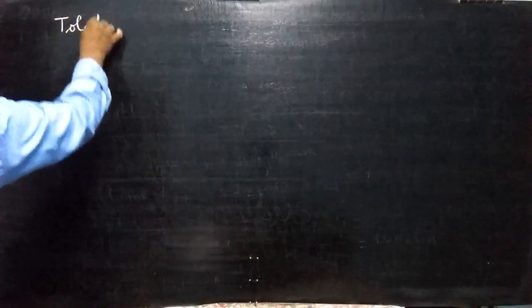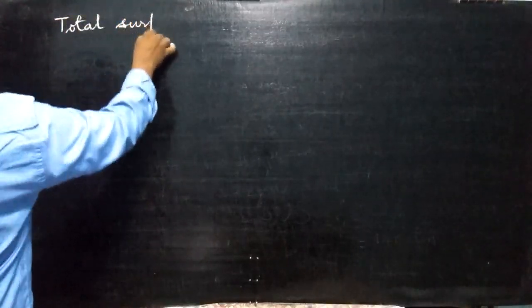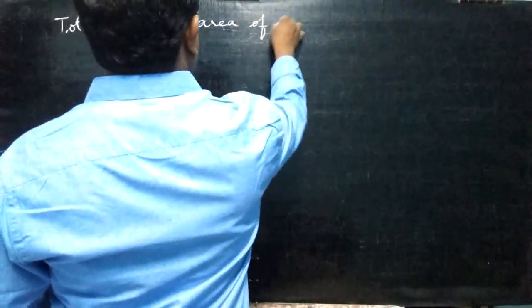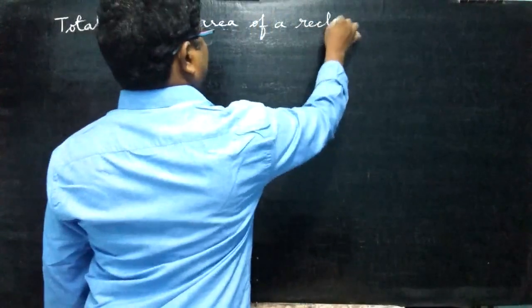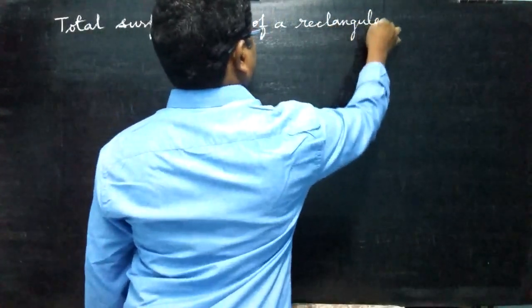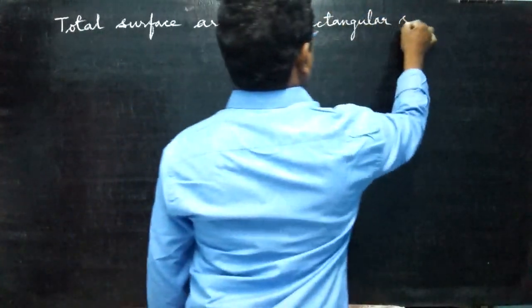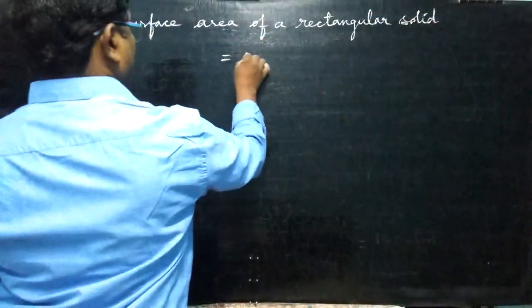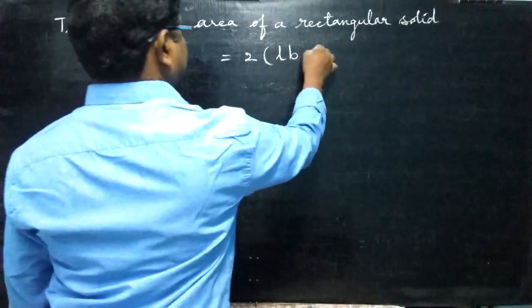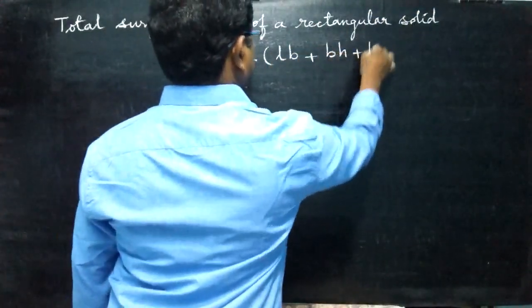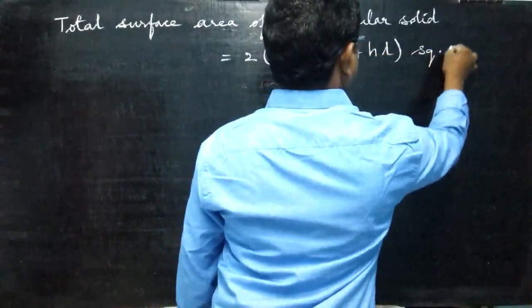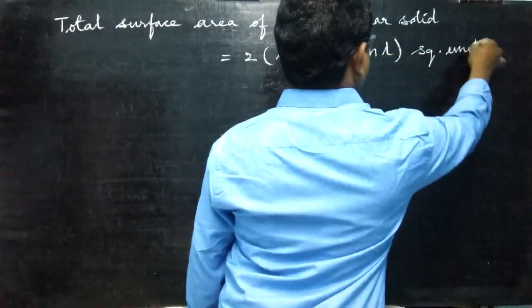Next, total surface area of a rectangular solid is equal to 2 into (LB plus BH plus HL) square units.